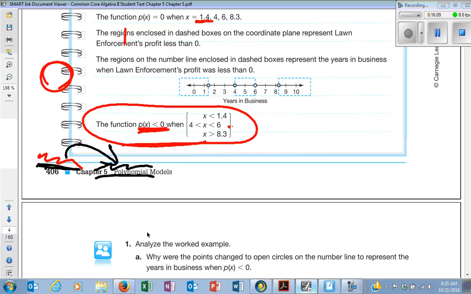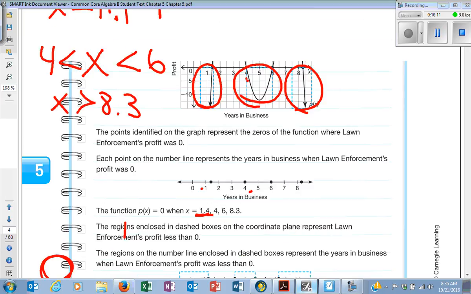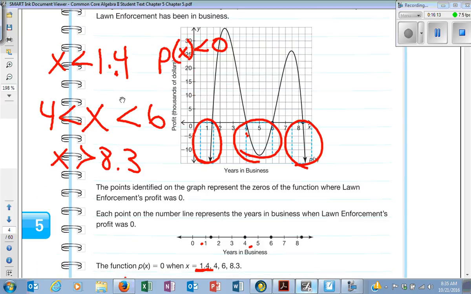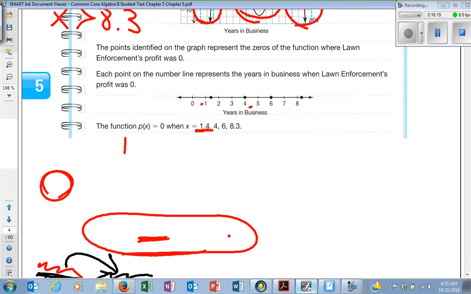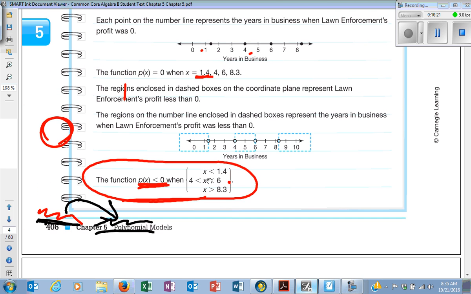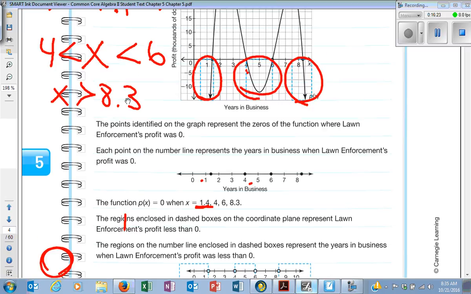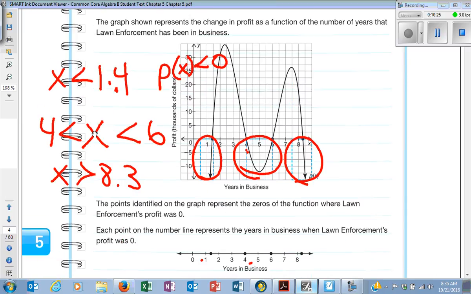What are we doing right here? We are looking at this business over the years, and we're seeing where his books are in the red, and we're describing that in inequalities. For homework, you're going to do B, which is going to be talking about where this business is in the black, and you're going to be describing that.